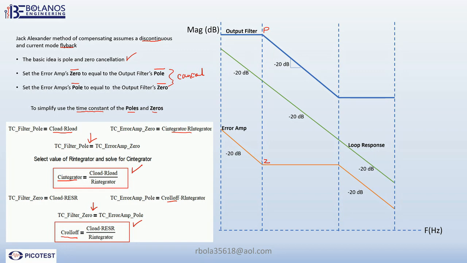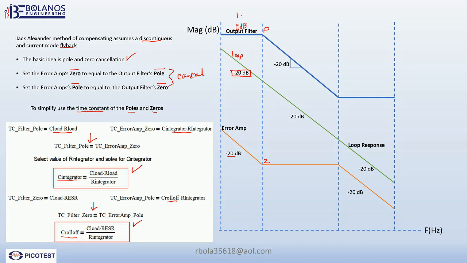By doing this cancellation, when you multiply the output filter transfer function with the error amp transfer function, all you have to do is add the slopes. In this case, this green is the loop. Going back to the output filter, this is 0 dB, that's the slope, and you add -20, then the result is -20.